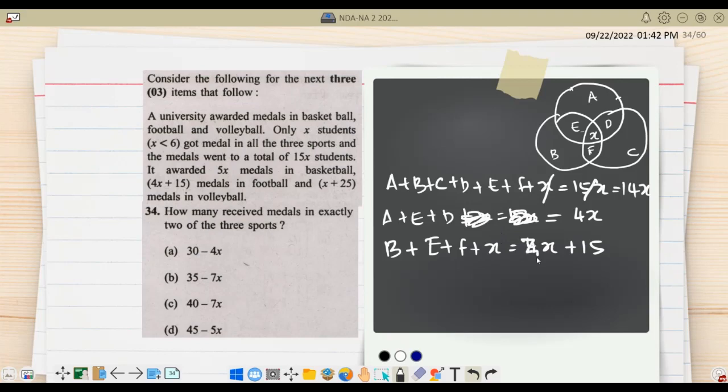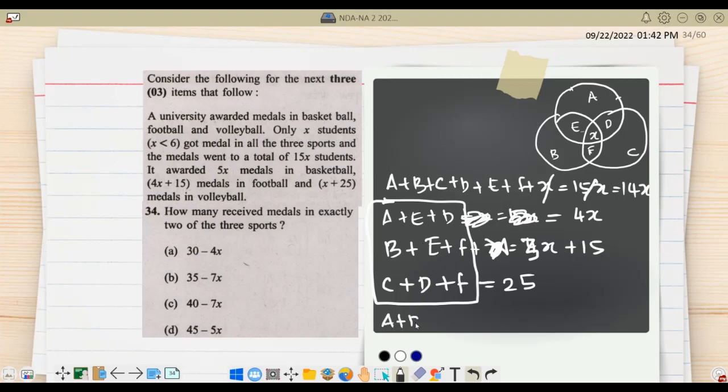Again cancelling the X, this becomes 3X. We can take this X completely out. And now then C plus D plus F, you get the idea. It is given X plus 25, so this becomes 25. When we add all of this, it can be A plus B plus C, and then you have 2D, 2E, and 2F.